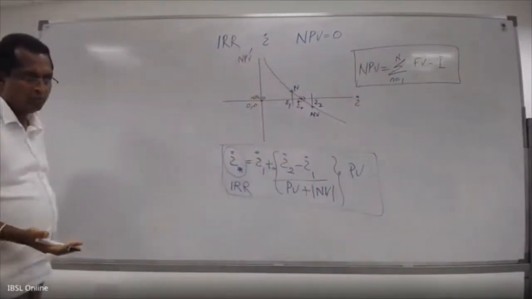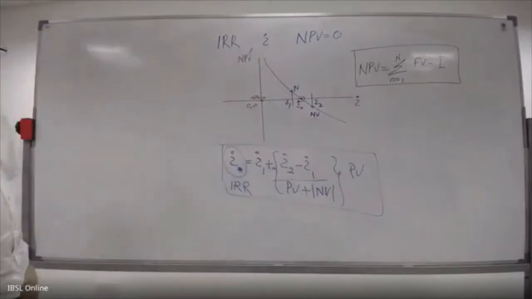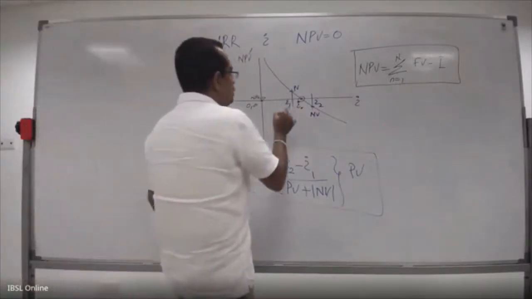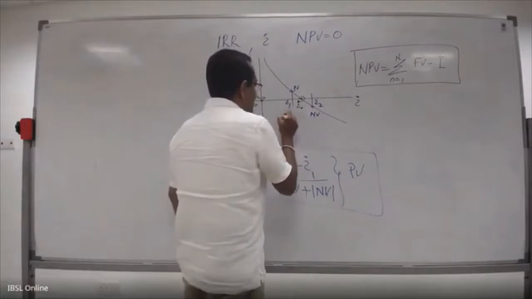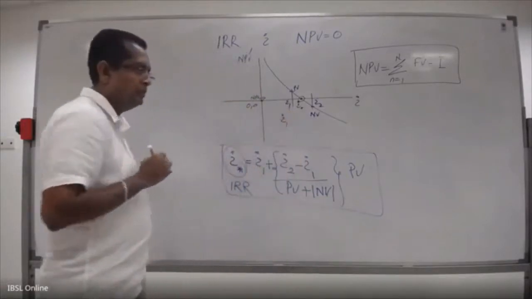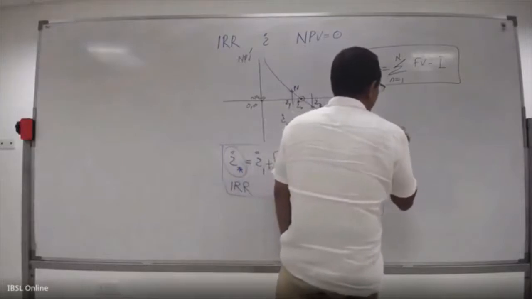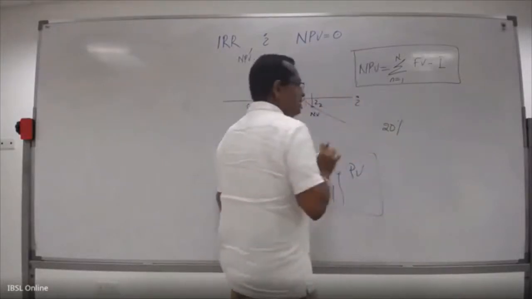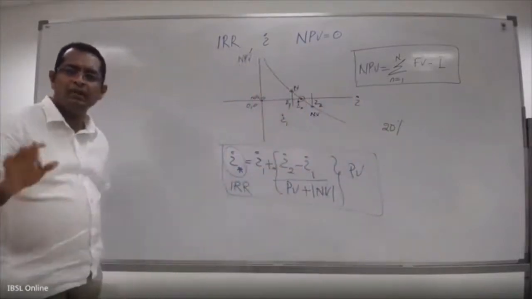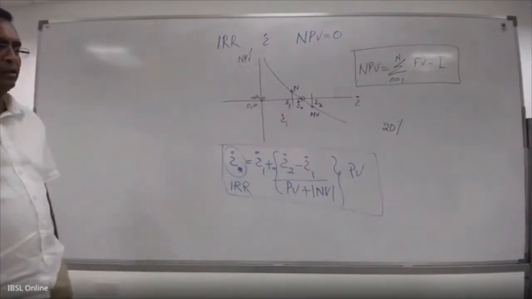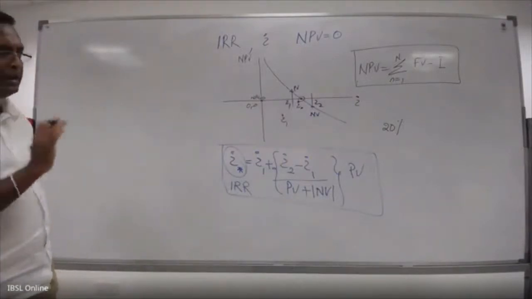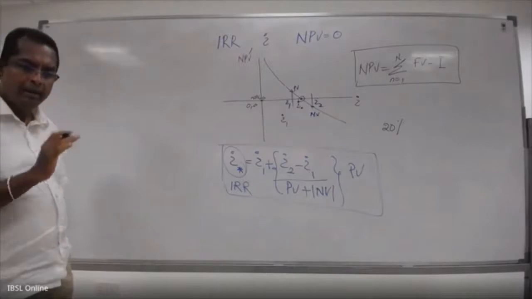What you do, you assume an interest rate. I1, you assume. We say we think it is 20%. This is only an assumption. No one will know. It's just an assumption. Assume and calculate the NPV.